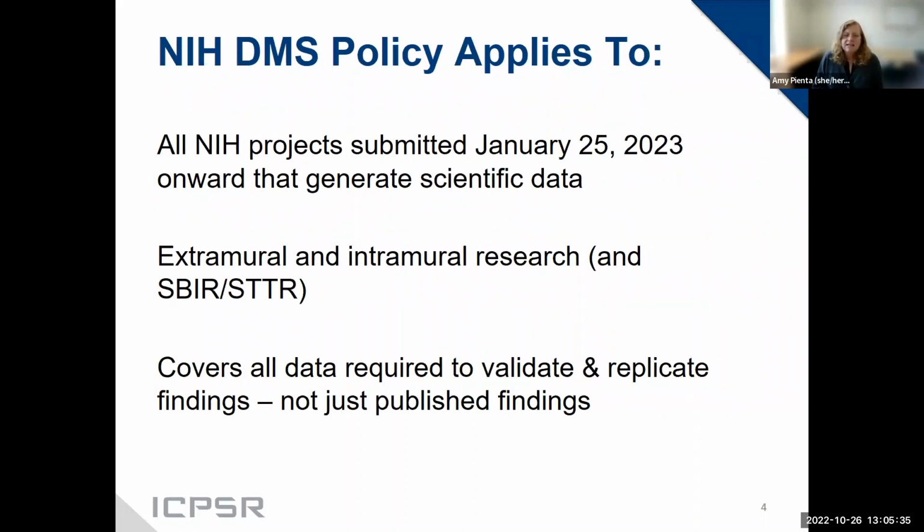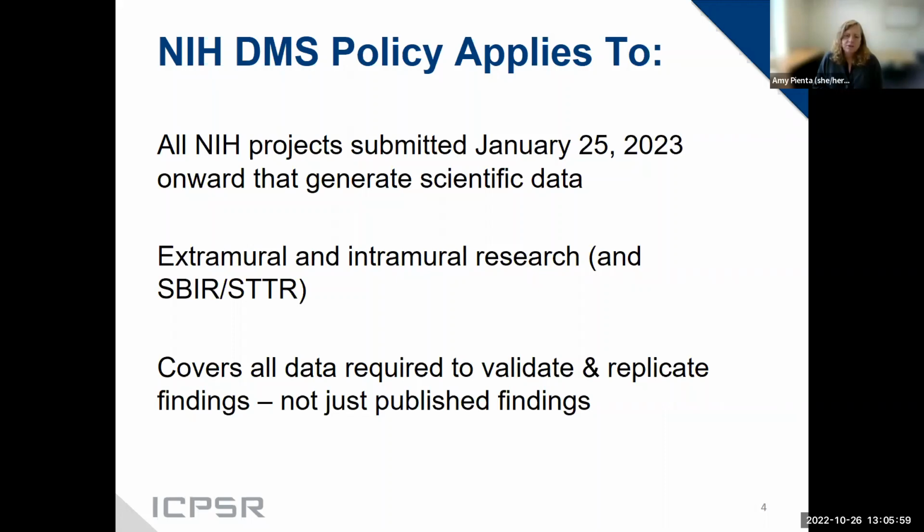The data management and sharing policy at NIH will apply to, as I said, all projects submitted January 25th or later, and those that generate scientific data. So of course, there would be some proposals and projects that didn't lead to the generation of scientific data that this would not apply to.